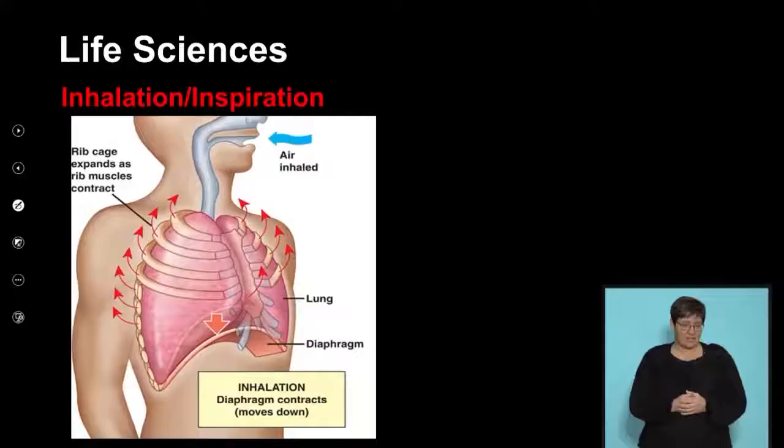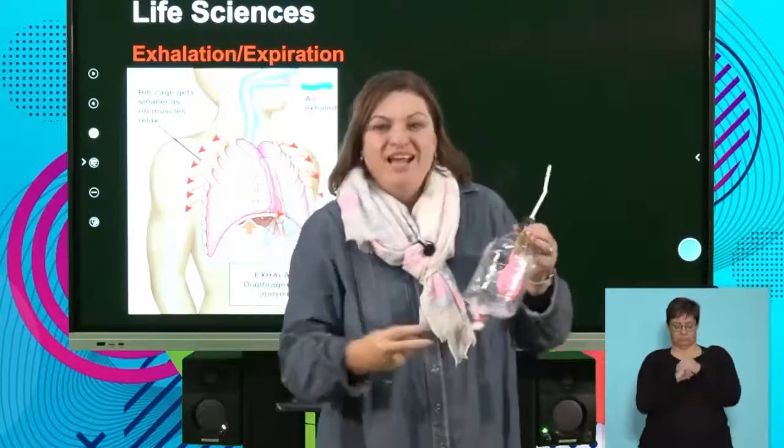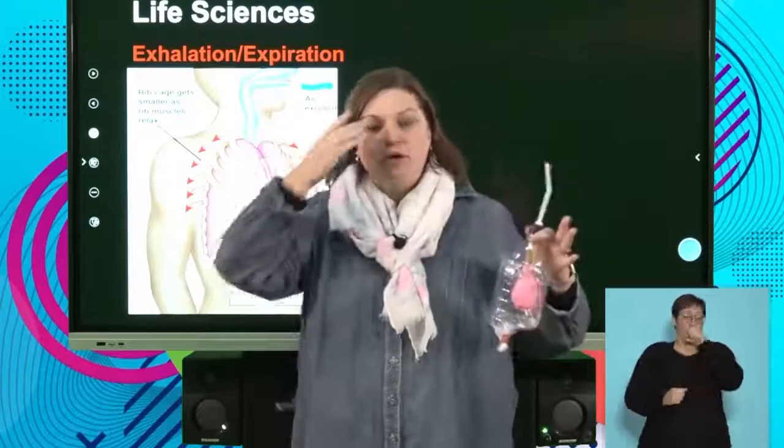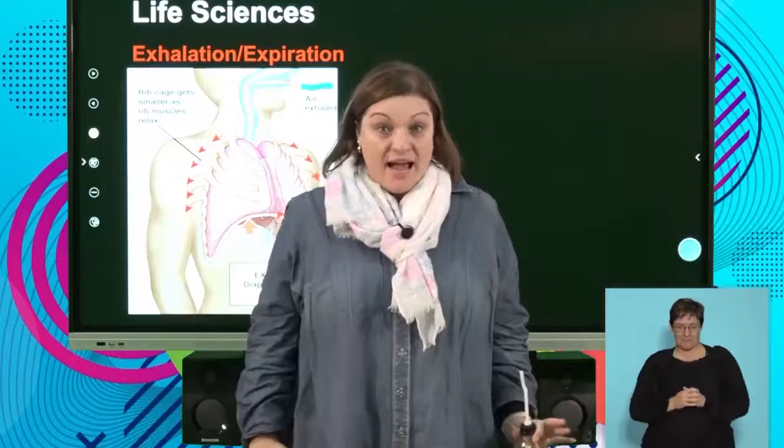Now when I want to breathe out, what do you do when you blow up a balloon and you want to get all the air out? I squish it. It's exactly what happens here. So now my diaphragm is out, my rib cage is wide, and I say air out.